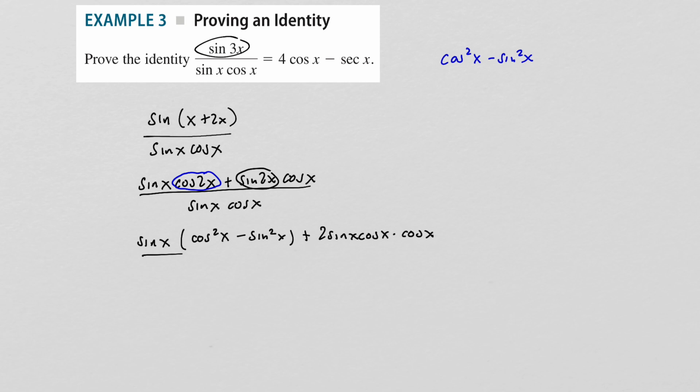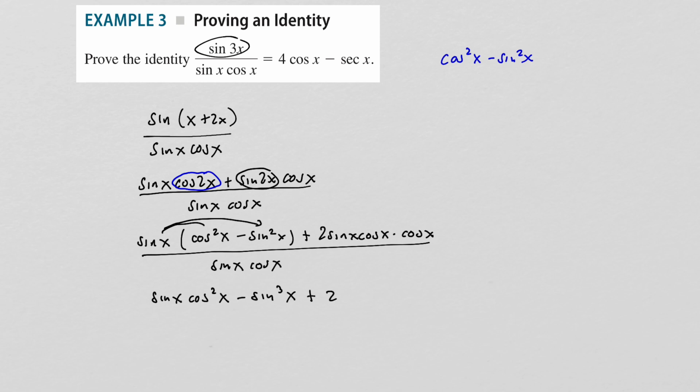Doing the math here, don't forget the denominator. Now doing the math, we have sine times cosine squared minus sine times sine squared, which is sine cubed, and then plus 2 sine x cosine squared x, all divided by sine x cosine x.